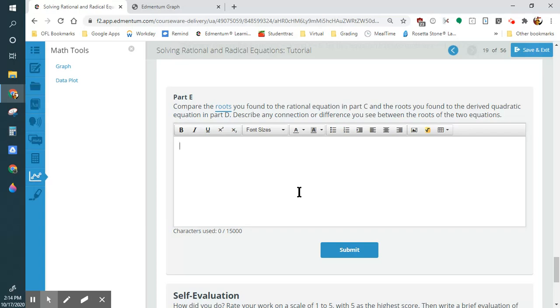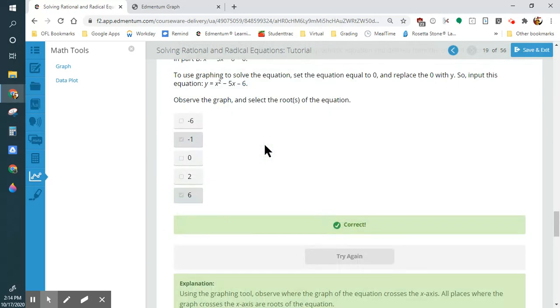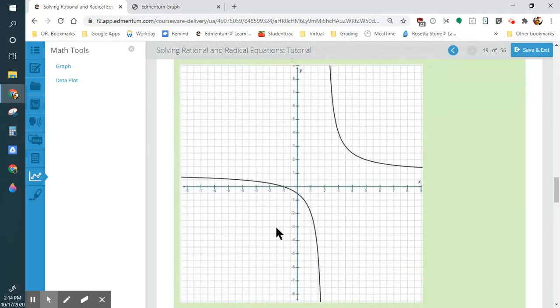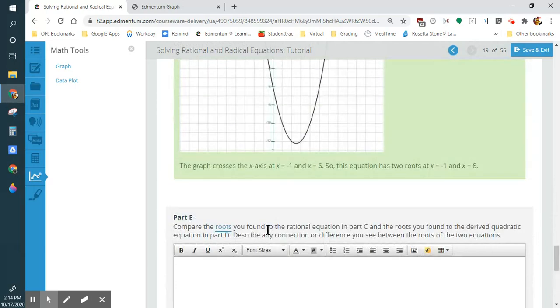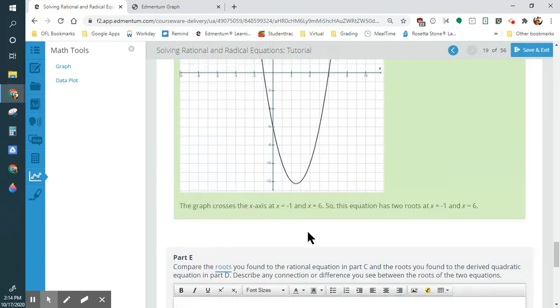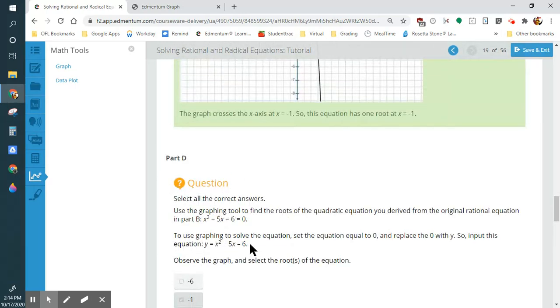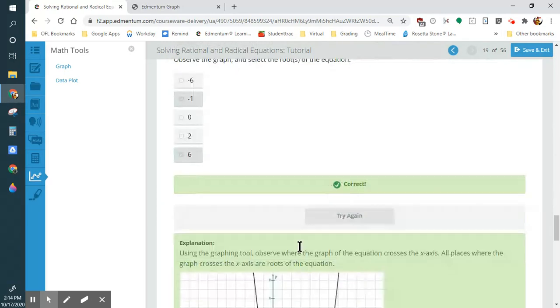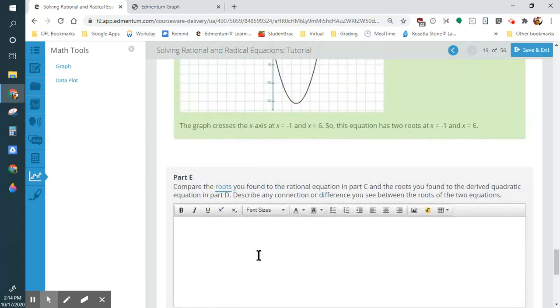So compare the roots you found in part C with those derived by the quadratic equation in part D. So comparing the roots, well, they're the same. The only difference is one of them is 6. So basically, what they're doing here is they're taking the formula that we minimized over here and they're using it. So they're the same.